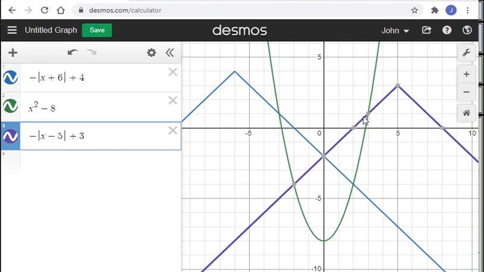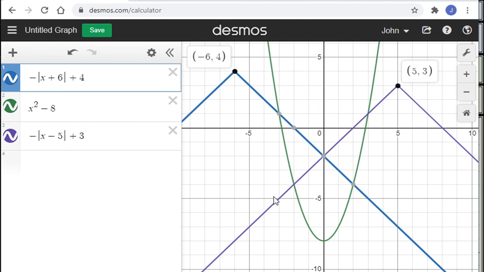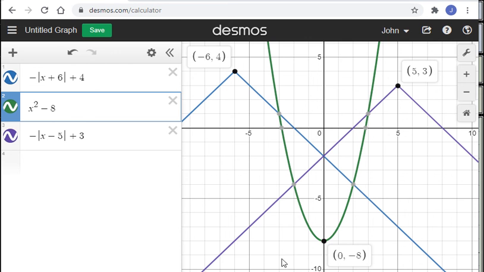And our last function is this absolute value again. So if I take the key points and record them, those are the points that I can plot to really make a good absolute value function.